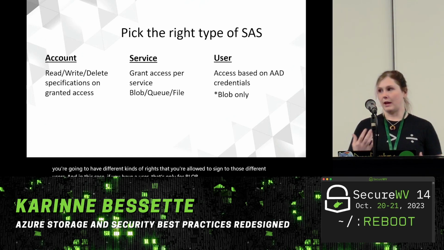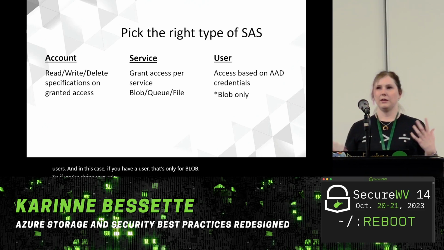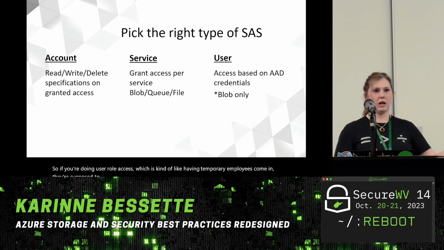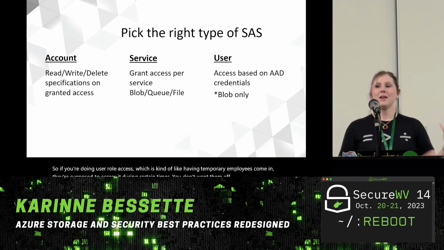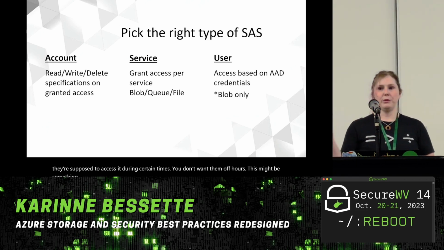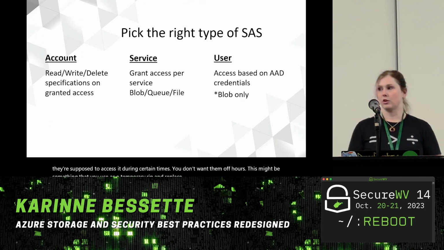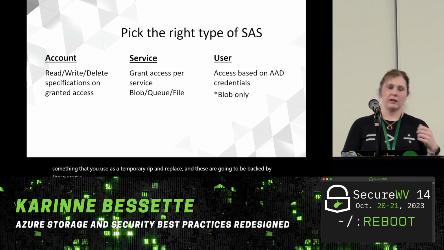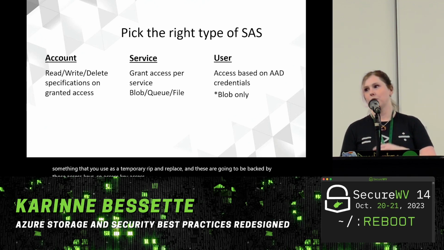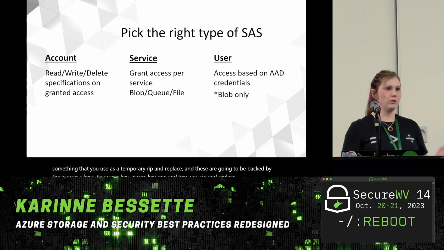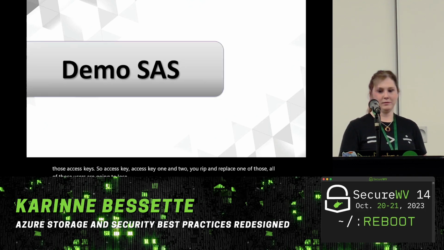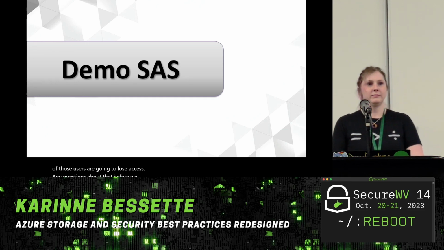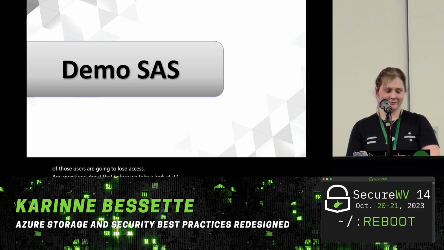So if you're doing user role access, which is kind of like having temporary employees come in, they're supposed to access it during certain times, you don't want them off hours, this might be something that you use as a temporary rip and replace. And these are going to be backed by those access keys. So access key 1 and 2, you rip and replace one of those, all of those users are going to lose access. Any questions about that before we take a look at it? Okay.